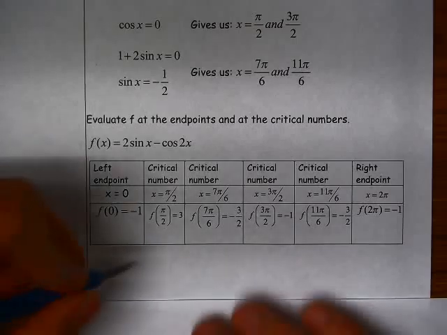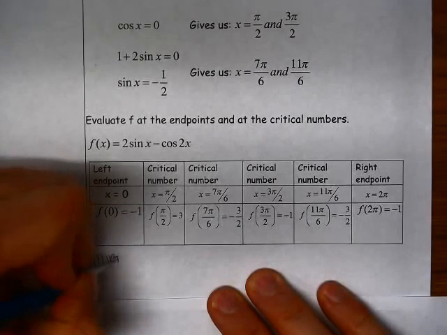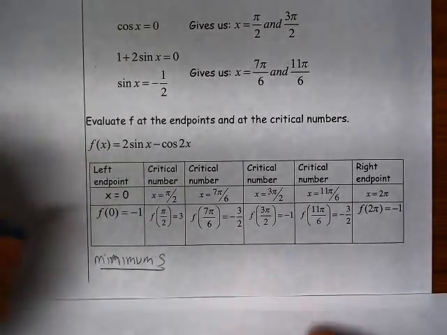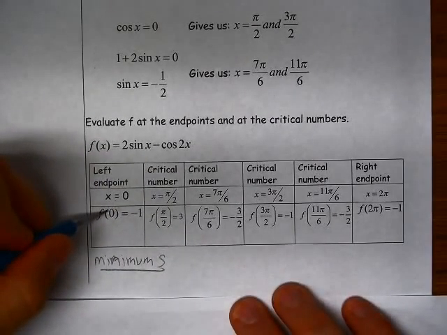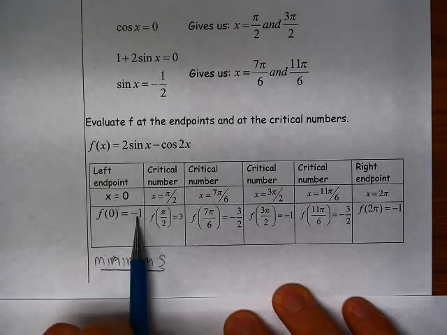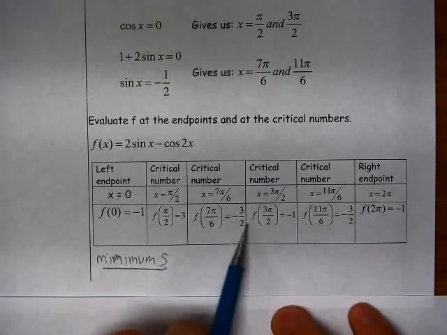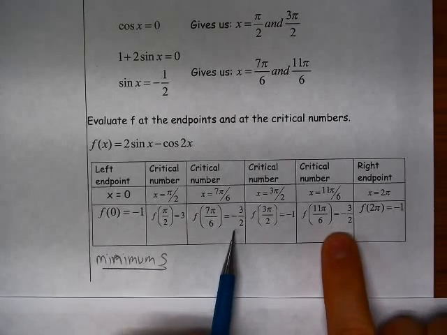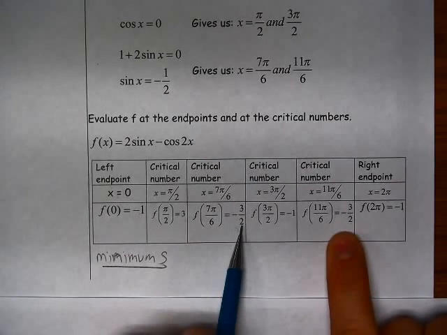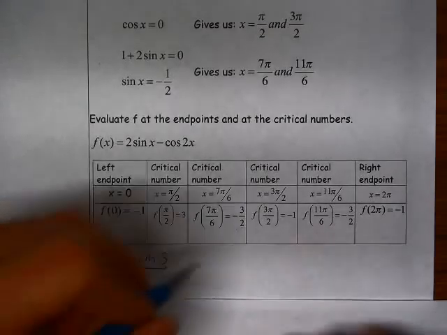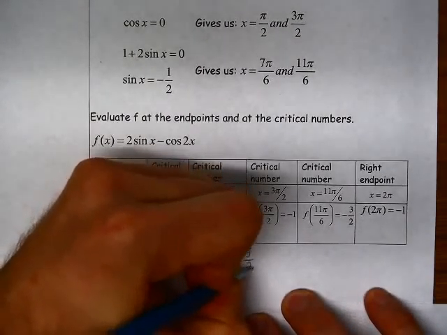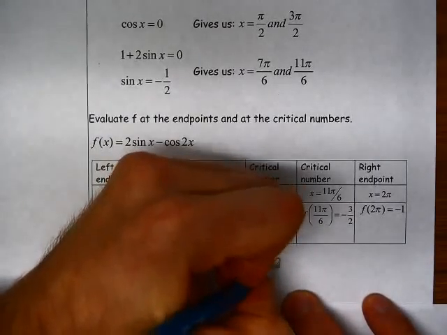So as we look for our minimum, we have a y value of -3/2. We have a minimum at 7 pi over 6, comma, -3/2.